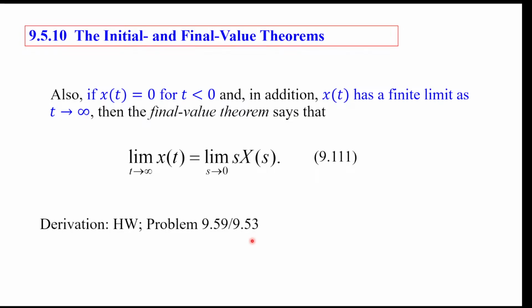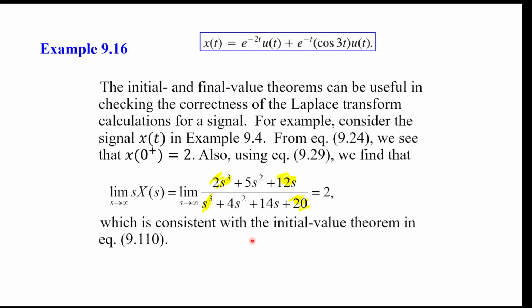Okay. And here we see an example of using the initial and final value theorem to check that our Laplace transform is correct. We have this example: e to the minus 2t u of t plus e to the minus t cosine 3t u of t, and we want to check whether the initial and the final value of this signal can be derived from our s times big X of s.